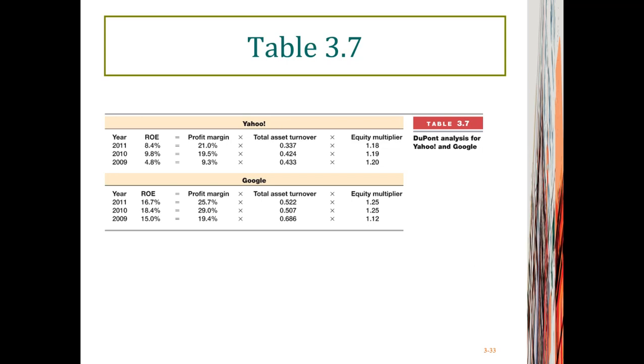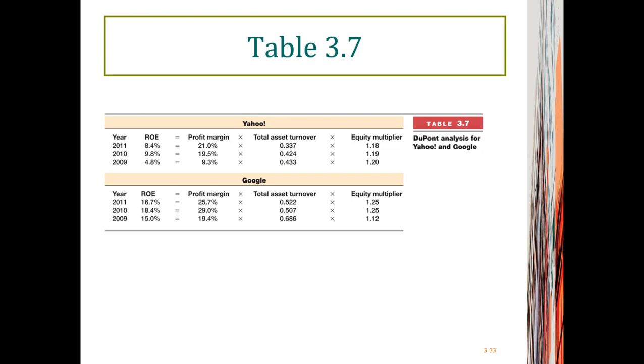It looks like Yahoo needs to find a way to improve its daily operations so that asset management can be improved, because total assets turnover measures total asset management efficiency. They need to improve the efficiency of total asset management. Right. Now, let's look at peer comparison.